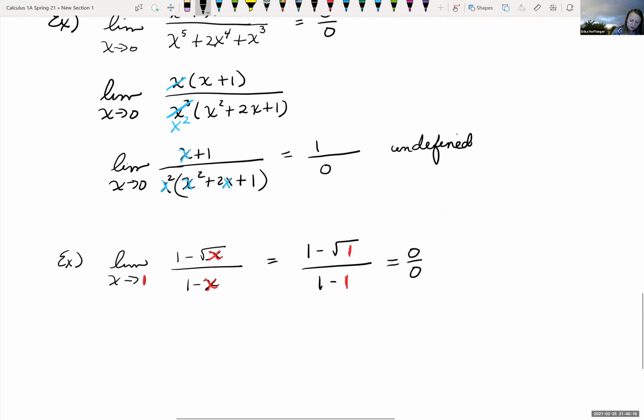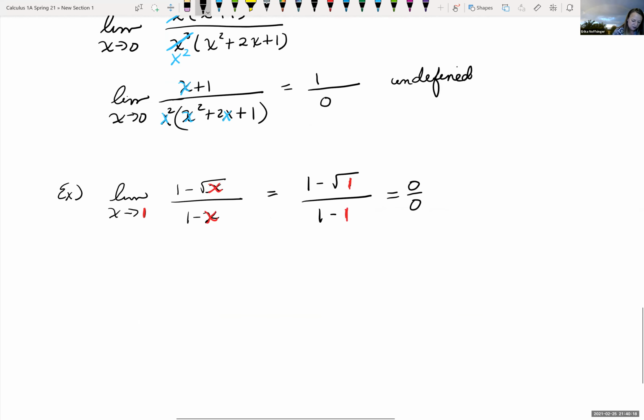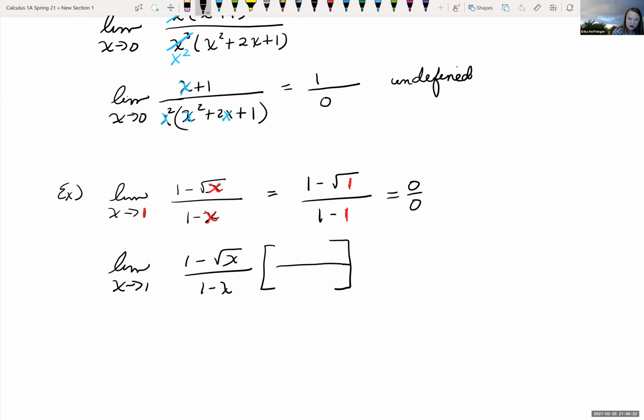So if you have a rational expression with radicals and you're taking the limit and you get 0 over 0, then you want to multiply by the conjugate of those terms with a radical, both to the numerator and denominator.